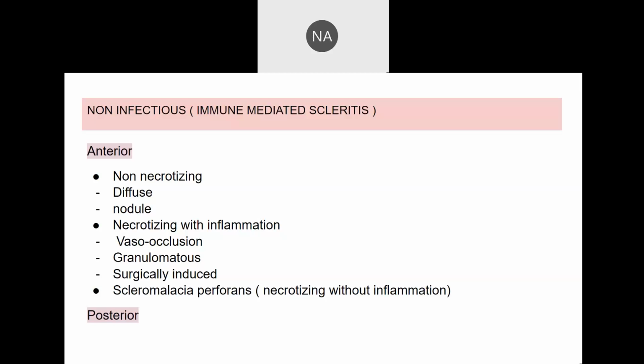For the nodular type, obviously the patient will have a nodule appearance on the sclera, and the onset of pain is sudden. For necrotizing inflammation, the gradual onset of pain becomes severe and persistent and is tender to touch. It also interferes with sleep. Okay, next.